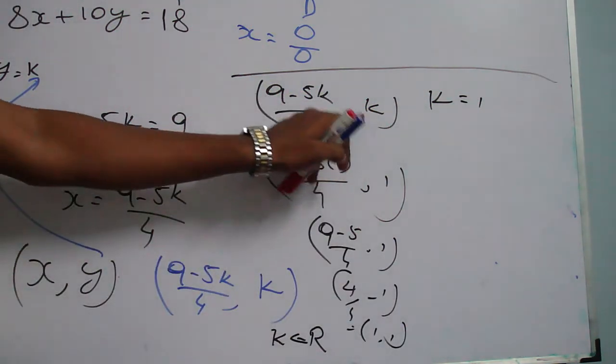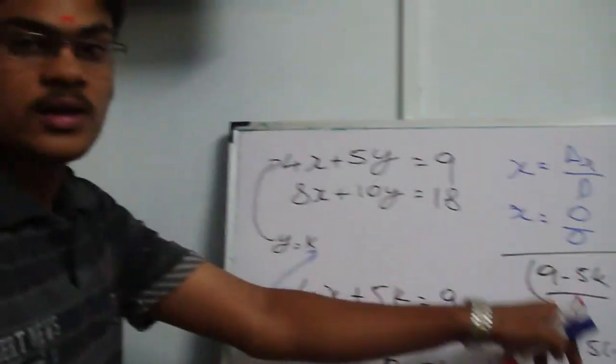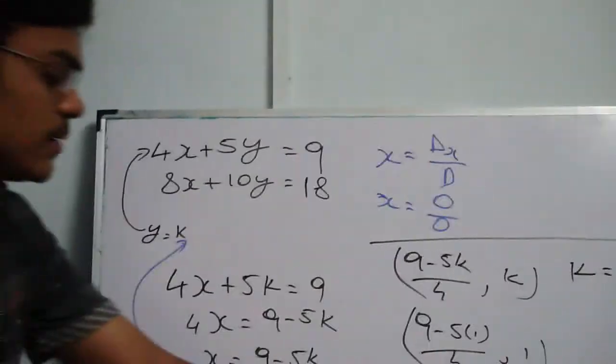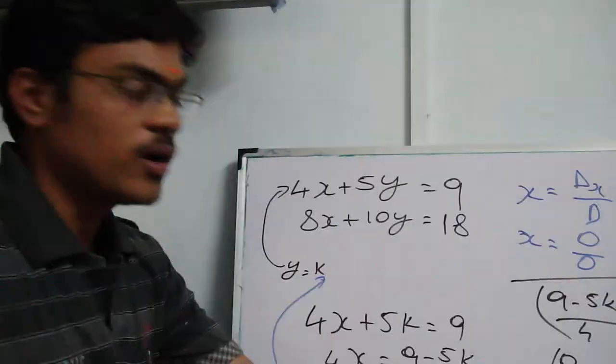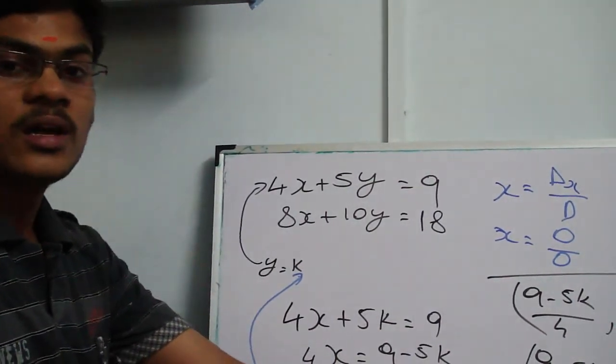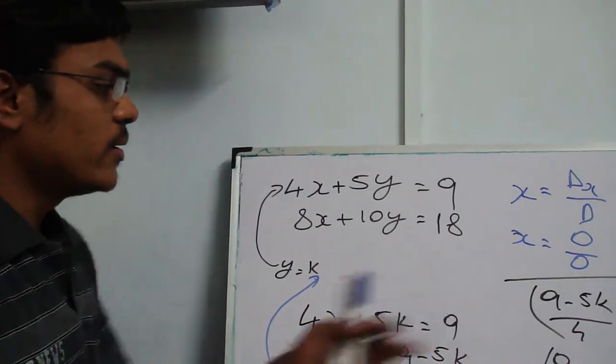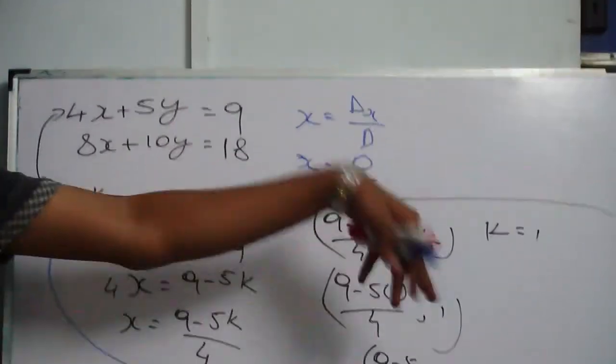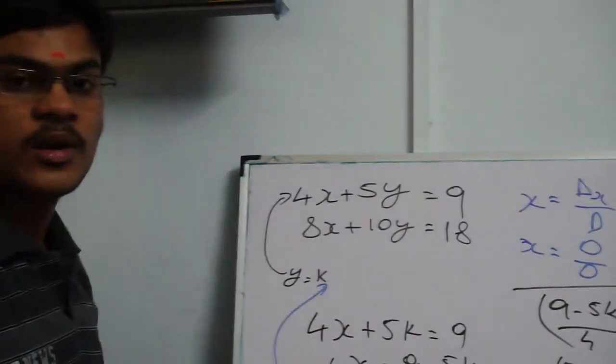Likewise, you can substitute any values for k and you can find many solutions. That is, by changing different values for k, you can get infinitely many solutions.